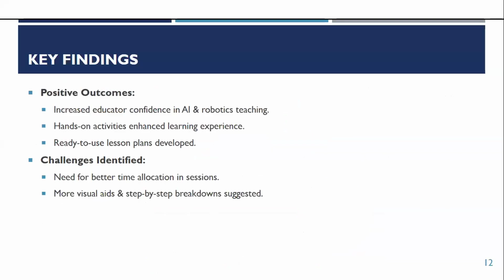We found that the educators who attended the workshop had increased confidence in AI and robotics teaching. They also benefited from the hands-on activities, which enhanced their learning experience. And they gave feedback that they can develop ready-to-use lesson plans with the help of the learning they took from the workshop.